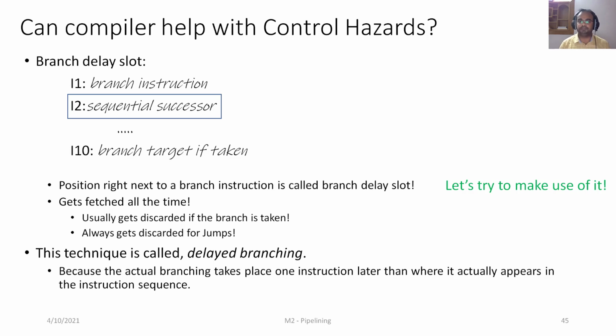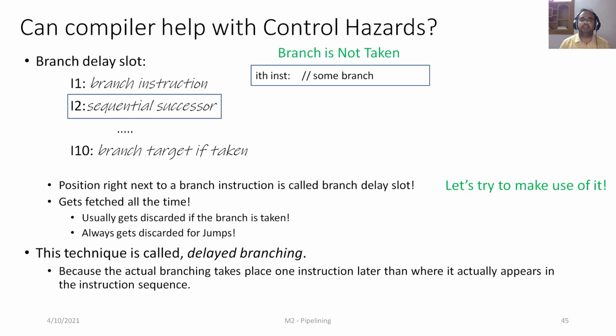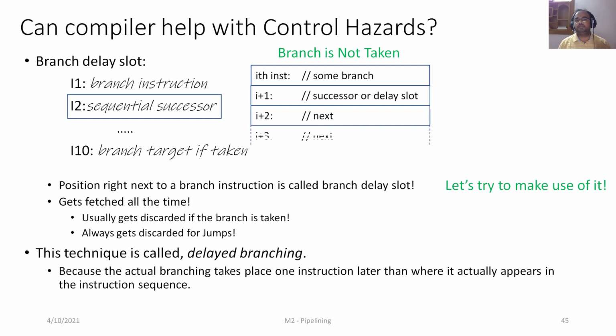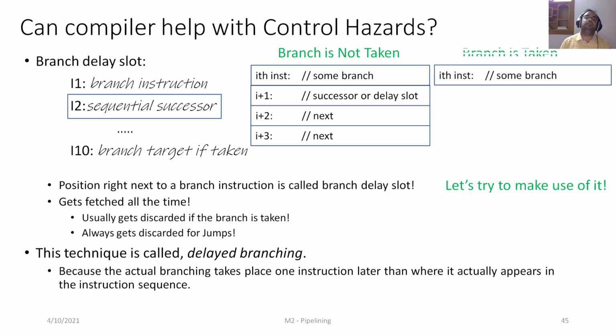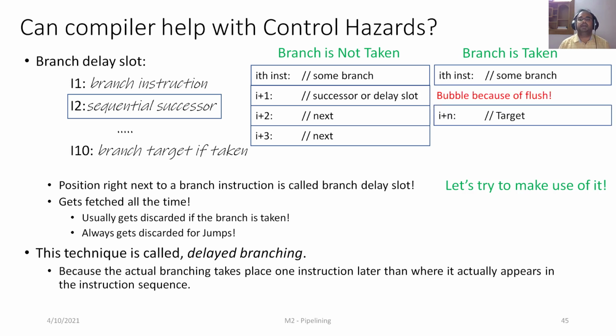So let's say we have an ith instruction which is some branch, and if it is not taken, then obviously I plus 1 would be the successor, which in this case is also the delay slot, and we'll continue execution with I plus 2, I plus 3, and so on. But if the branch is taken, we typically flush it and we start fetching from I plus n, which is the target, and we continue execution from there.